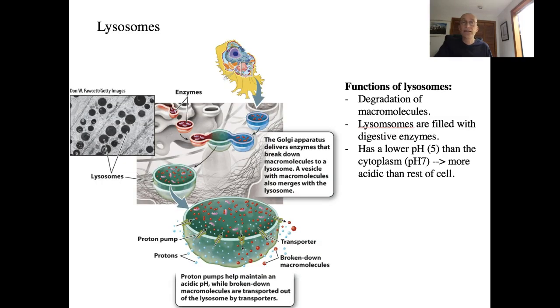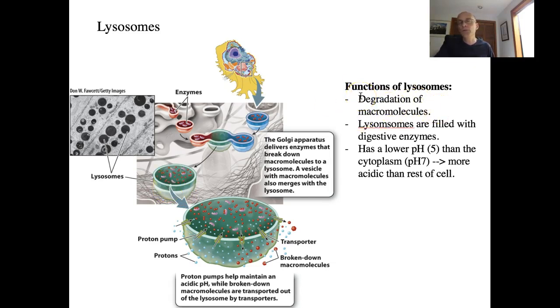Okay, so then we have lysosomes. Lysing means to break down, and somes, of course, means little bodies. So lysosomes are breakdown bodies. They are surrounded by a membrane, and they are filled with enzymes that can break down large molecules, macromolecules.